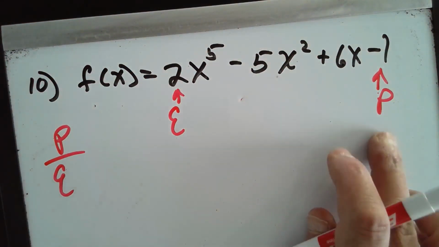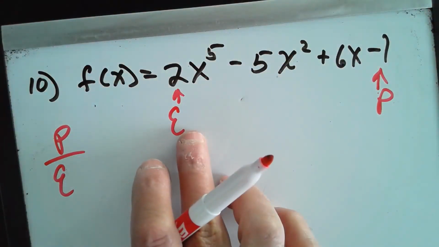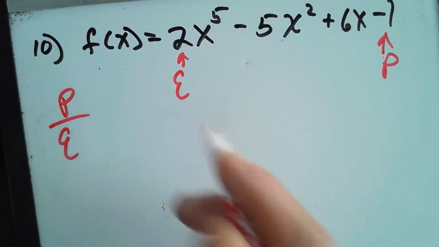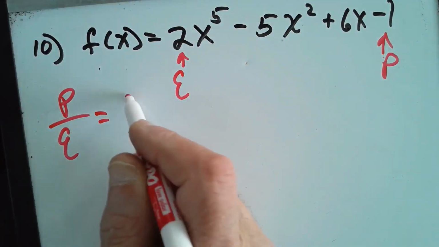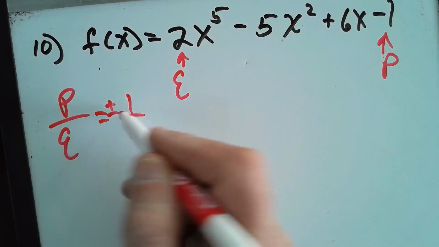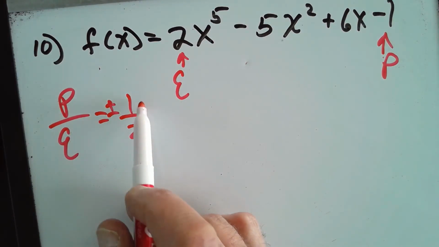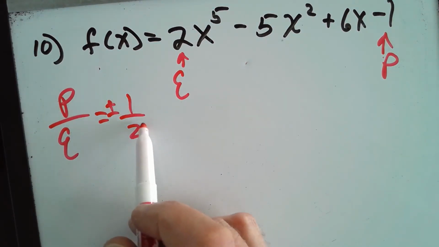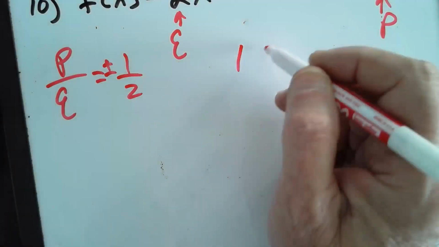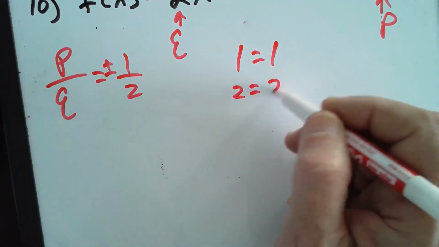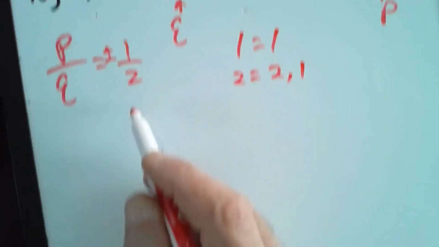So P is your constant, Q is your leading term. So you're using 1 over 2. You have to find factors of the numerator and factors of the denominator. Factors of 1 is just 1. Factors of 2 are 2 and 1.